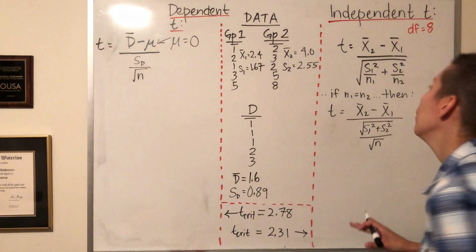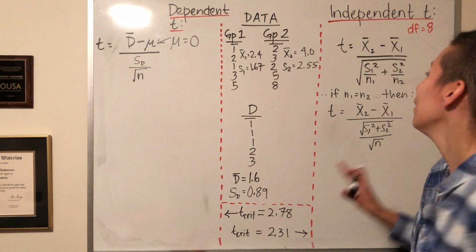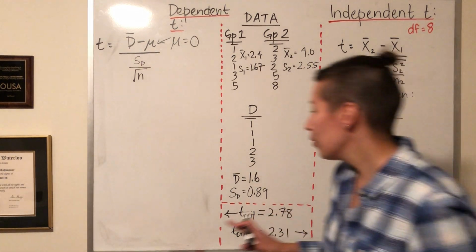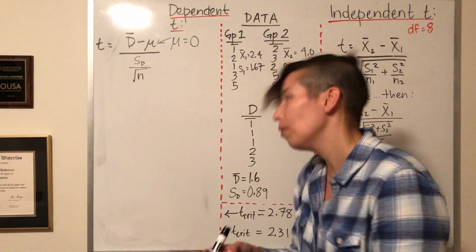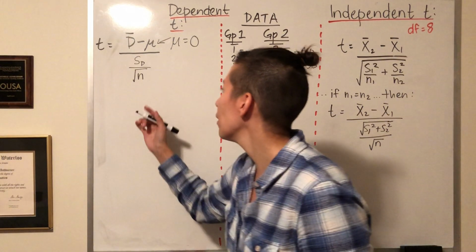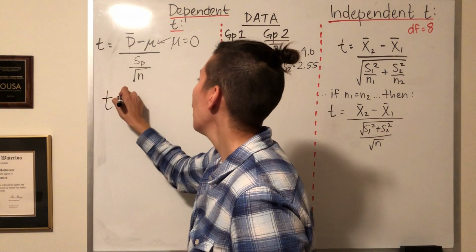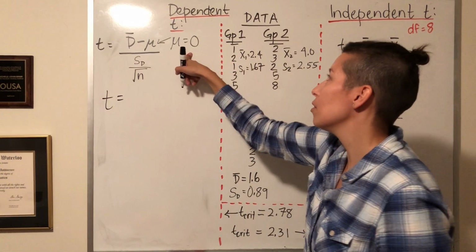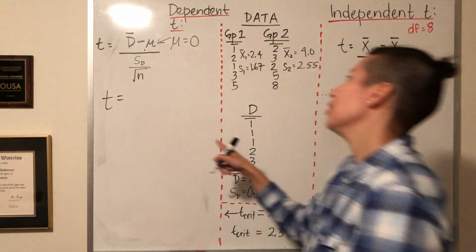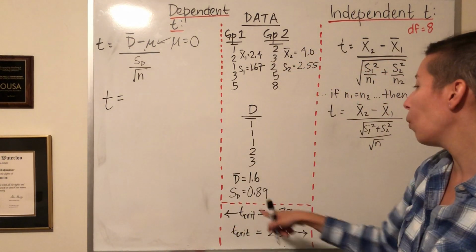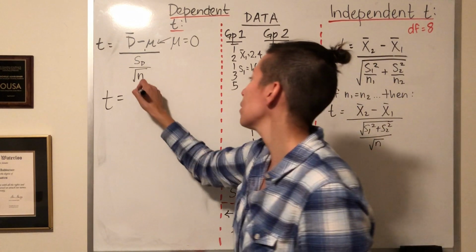Okay, so without further delay or embarrassment, let us calculate our different t's, and I have a calculator because I can't do the mental arithmetic necessarily. So for this one, we know that this is just going to be set to 0, and in fact sometimes people don't even write minus mu, they just write difference score, and the difference score mean is 1.6.